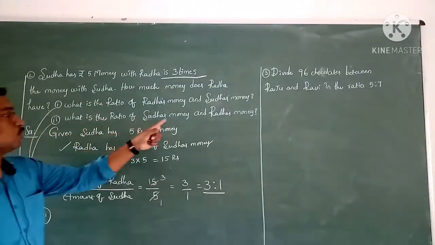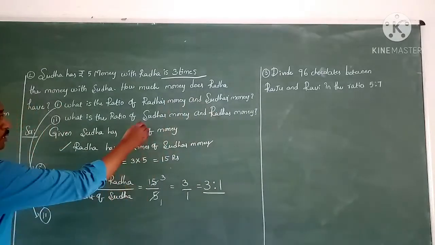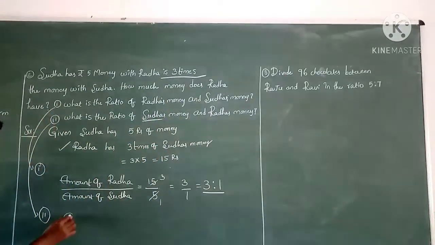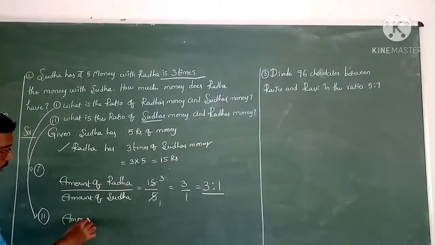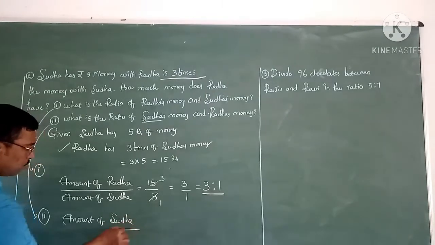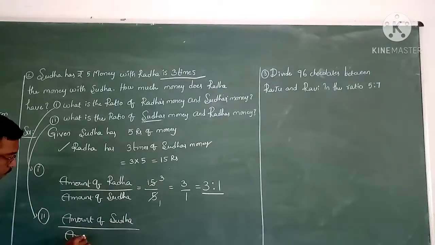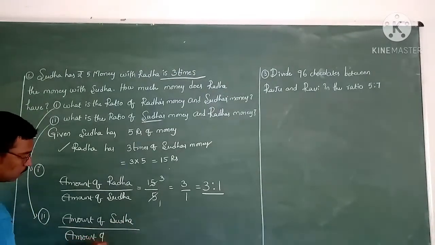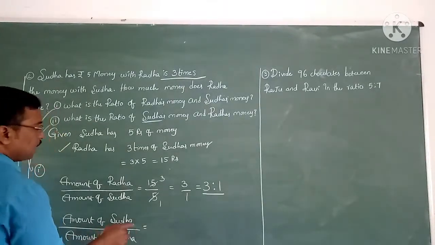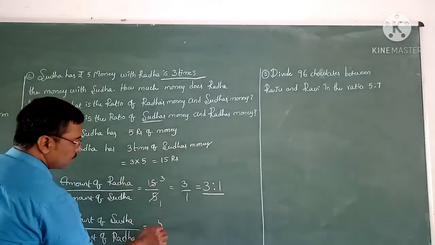Next, the second one. What is the ratio of Sudha's money and Radha's money? So here the first one is Sudha's money. We have to maintain the order here. So the amount of Sudha by amount of Radha. Amount of Sudha is 5 rupees.